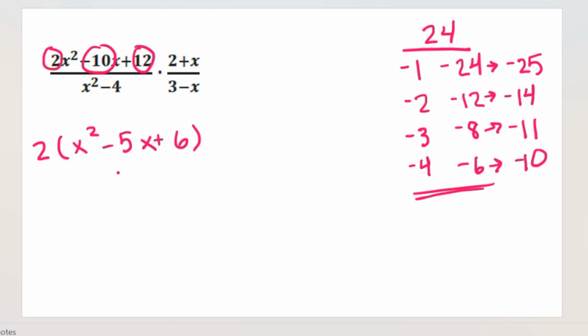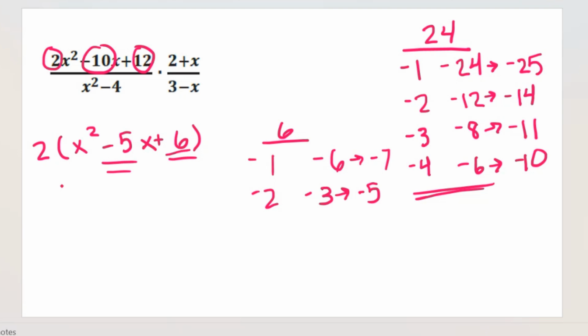If I did it this way, I'd be looking for a pair of numbers that multiplies to 6 but adds to negative 5. Just like with the 24, I know I need 2 negatives. Negative 1 times negative 6 multiply to 6, but add to negative 7. Negative 2 times negative 3 multiply to 6, and they add to negative 5.